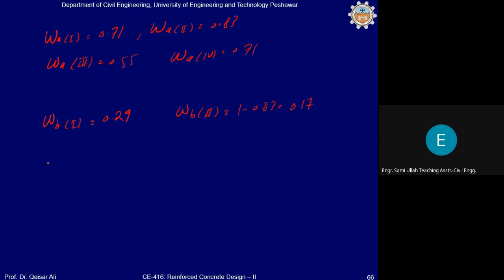Okay. Similarly, WB for panel 3 is 0.45. WB for panel 4 is 0.29.